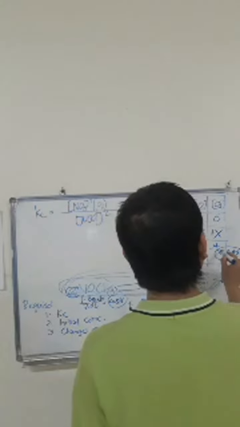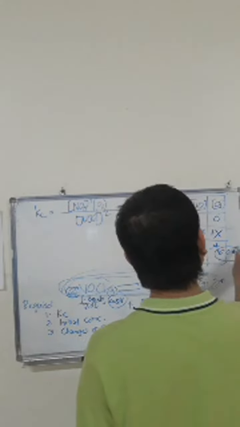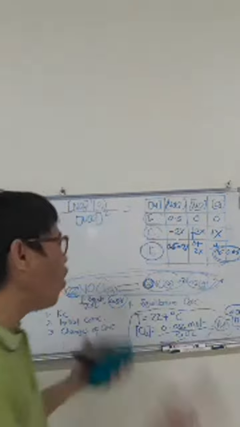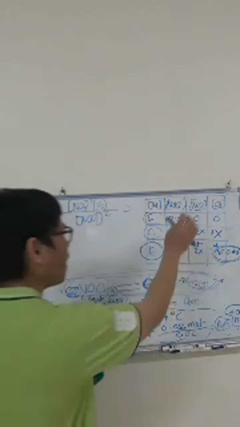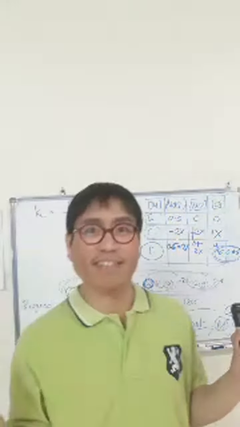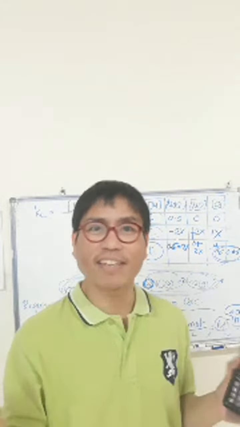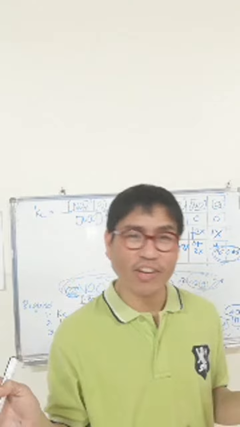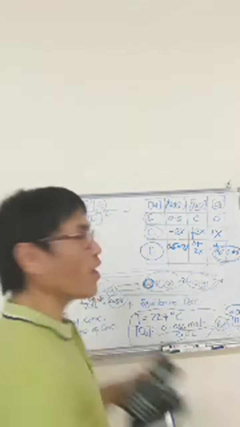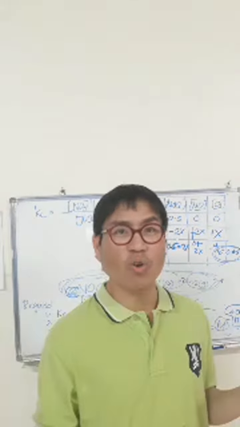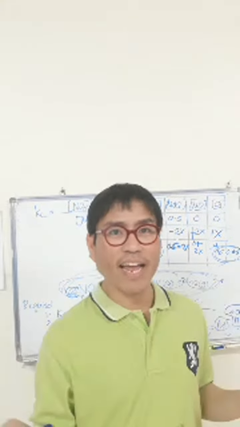So X is 0.028, and this X will be used for all the X's in this table because this is simply X, the unknown concentration during our chemical reaction. Because there's no other variable, only x, no y, no z, right?